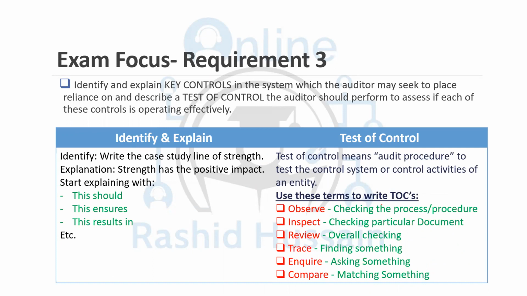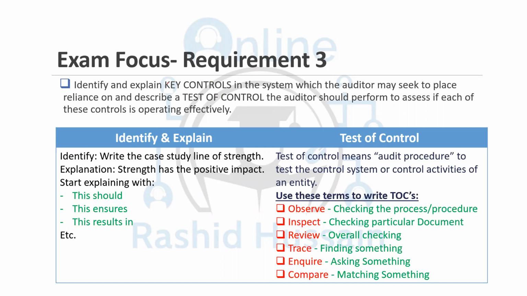Okay, now we have exam focused requirement number 3. This is similar to requirement number 2. There's only a difference in the term used by the examiner. Like 5 to 6 attempts back, the examiner used the term strengths in the question.